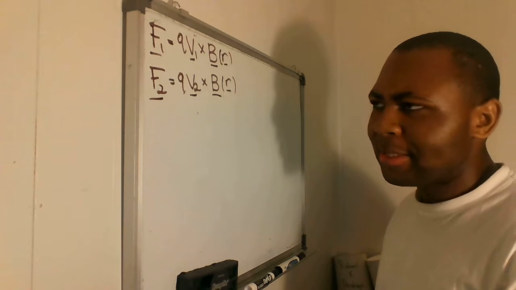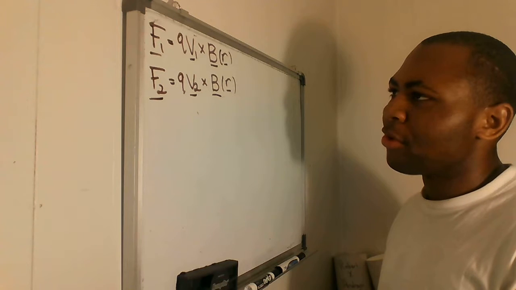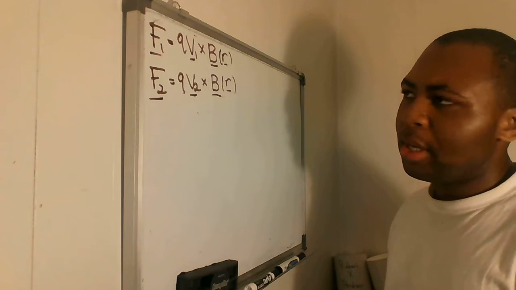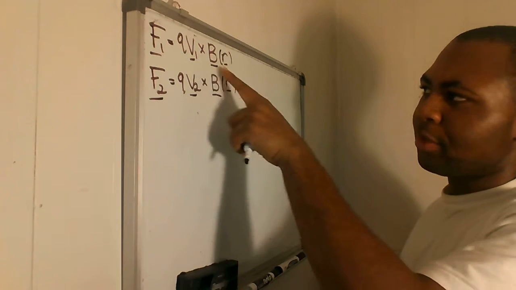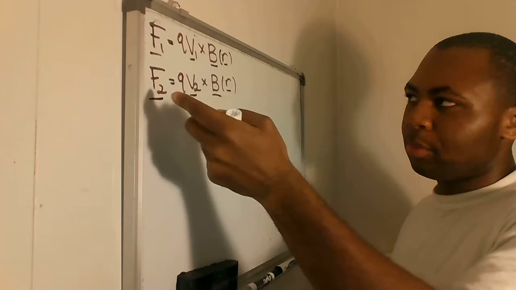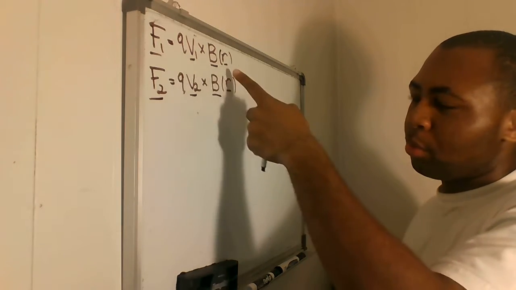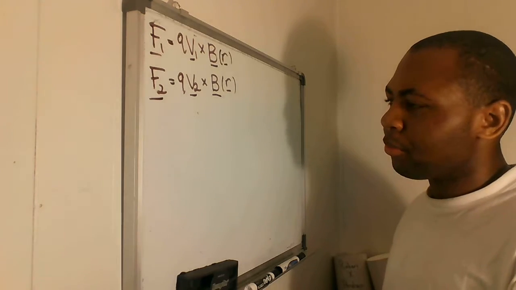So how do you do that? The easiest way of starting is to make the forces zero, by dotting them with vectors that we know are already perpendicular. If we dotted F1 with v1, then we'd have a 0. If we dotted F1 with B, then we'd have a 0. Same thing for F2, respectively.